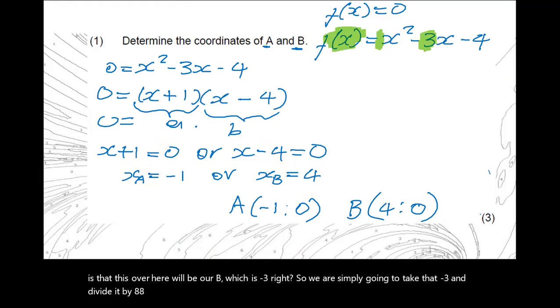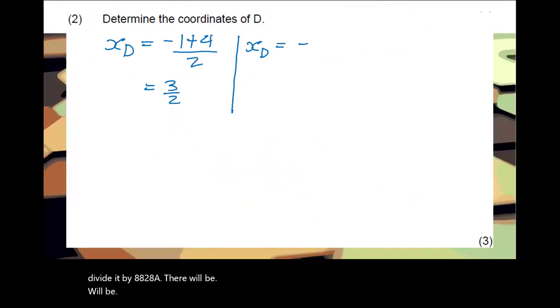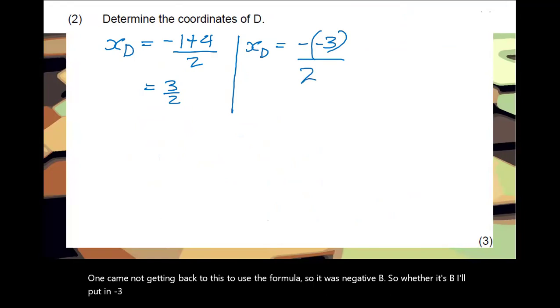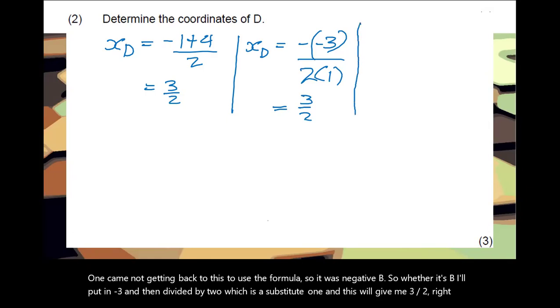A there will be 1. Okay. Now getting back to this, to use the formula, it was -b. So where there's b, I'll put in -3 and then divide it by 2. Where there's a, substitute 1, and this will give me 3 over 2. Right? So this is the second method you can use.